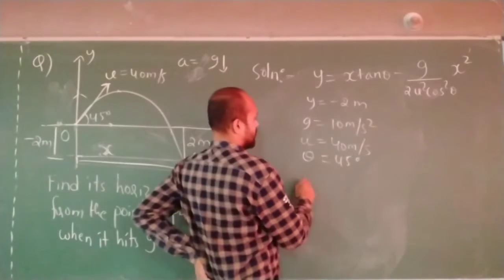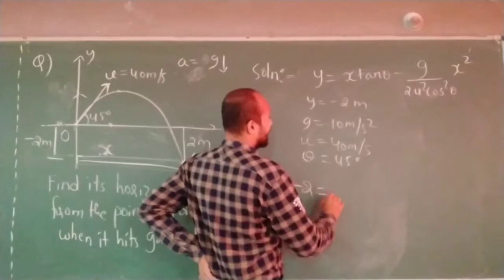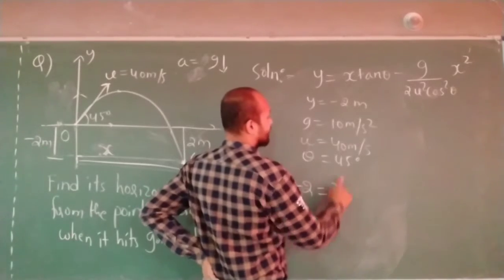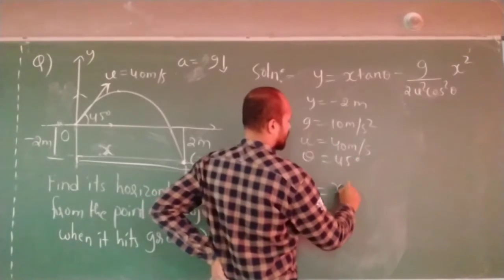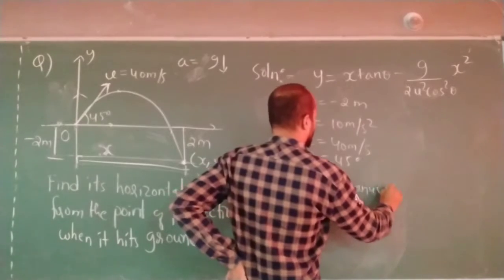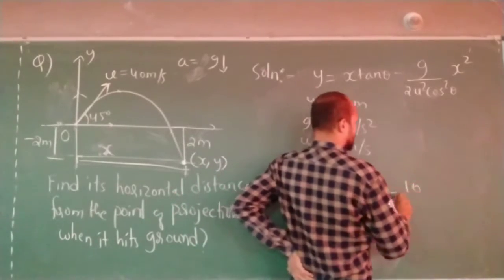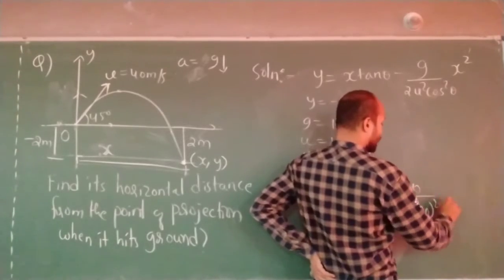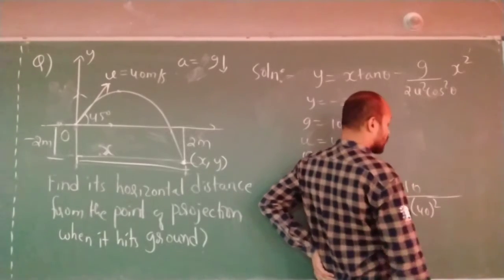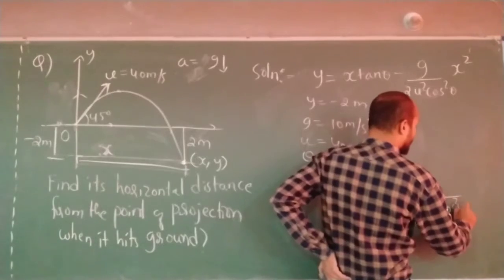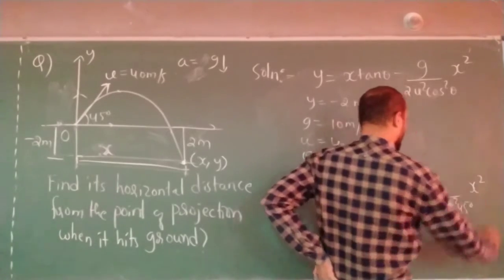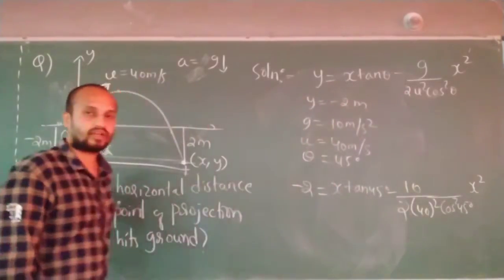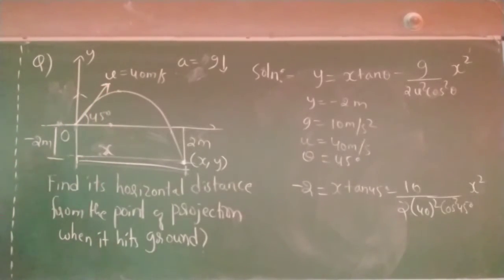Minus 2 meter means minus 2 is equal to x into tan 45 minus 10 divided by 2 into 40 whole square into cos square 45 degree into x square.